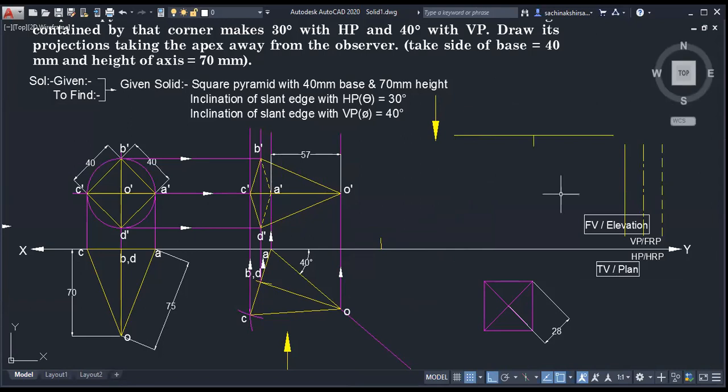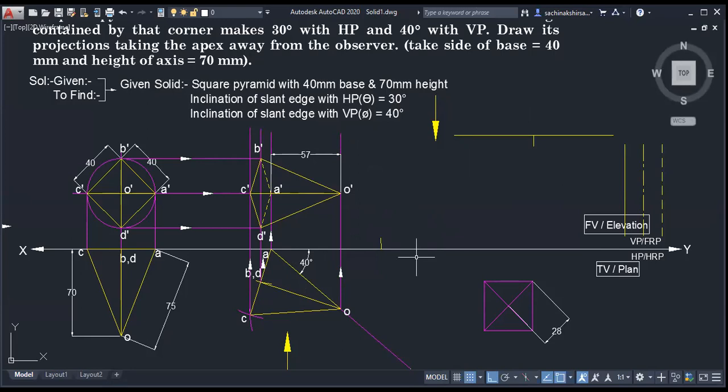What is true length? 75. What is true inclination? It was given earlier as 30 with HP.